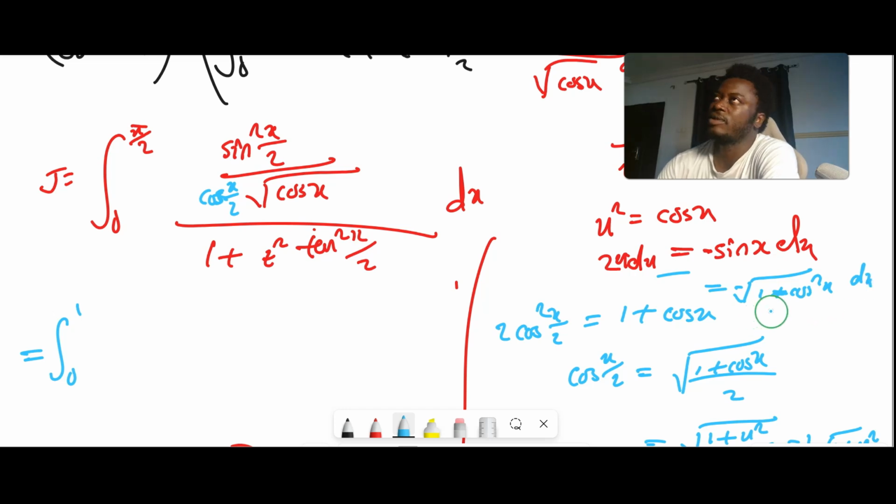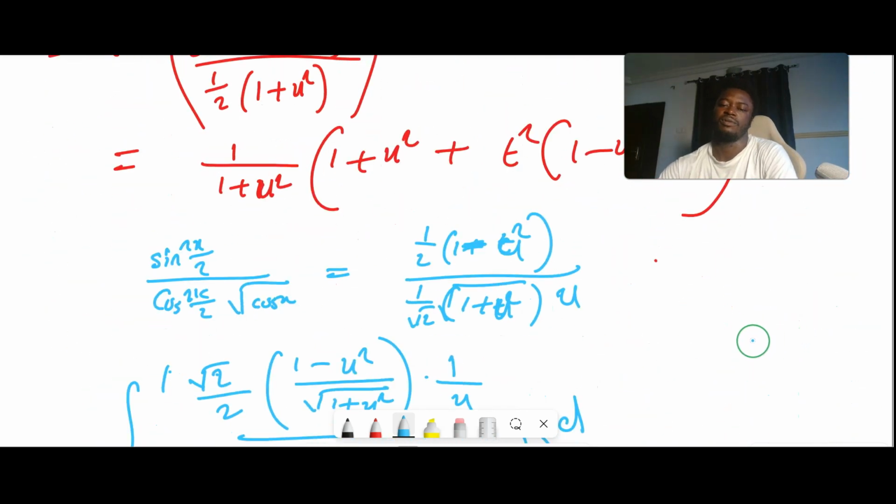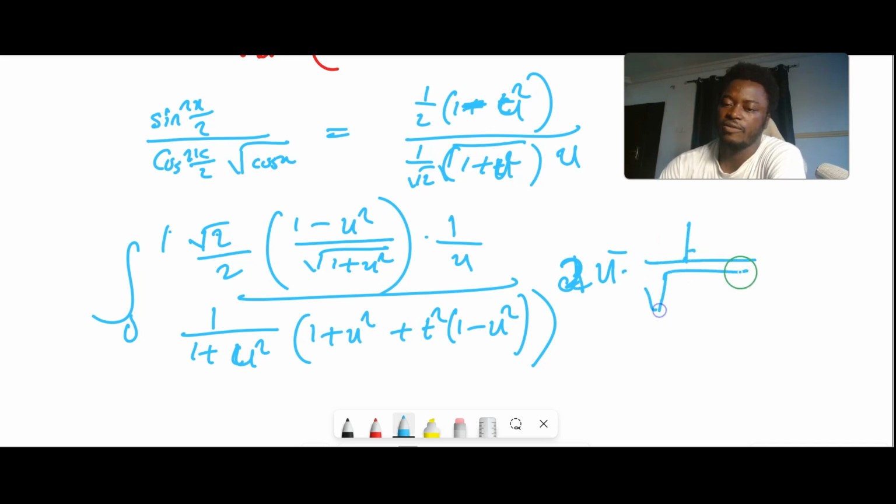So cosine squared x is u to the fourth, so that would be negative square root of 1 minus u to the fourth. So at the bottom here you have 2u times negative 1 over square root of 1 minus u to the fourth du.